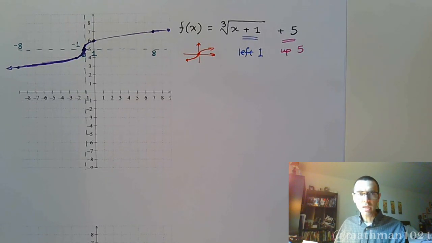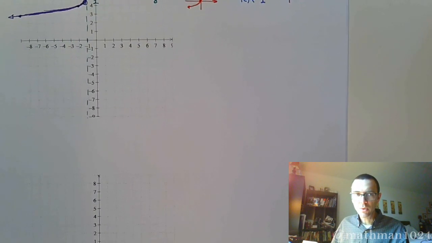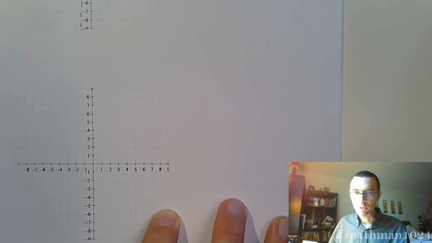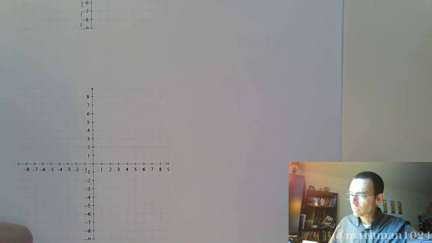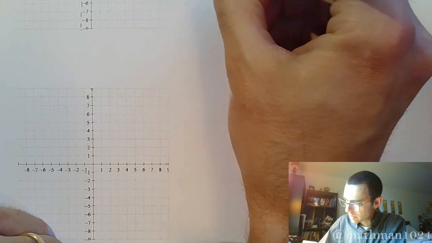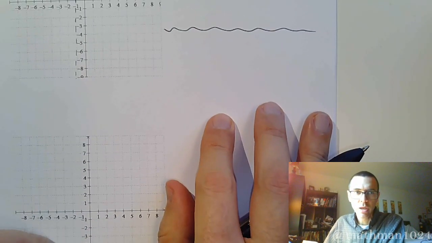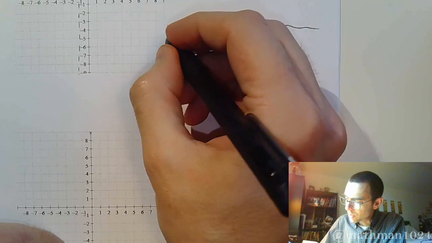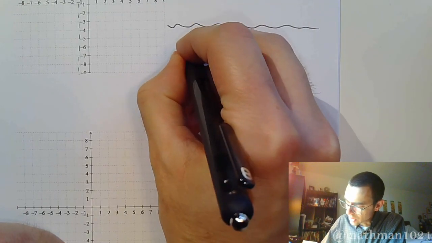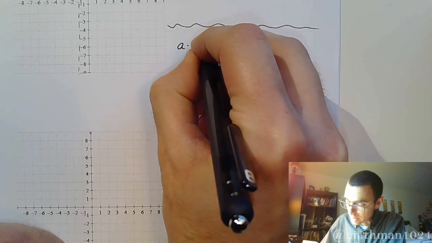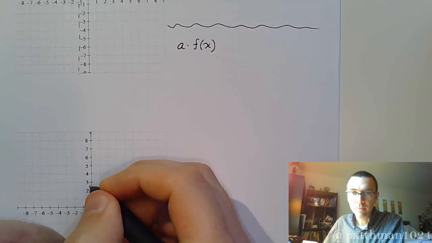All right, now let me remind you of a few other pieces of information that we saw when it came to graphing. And this is going to be when we have something that is connected to the function through multiplication, like this, okay?